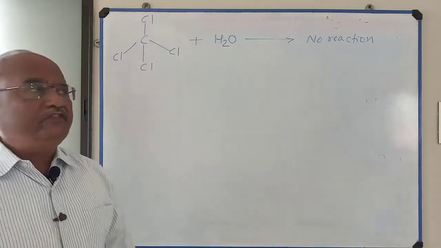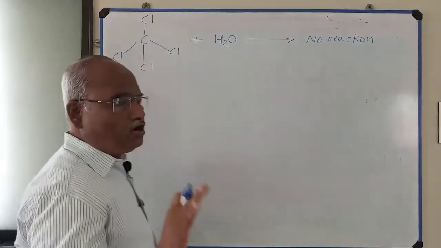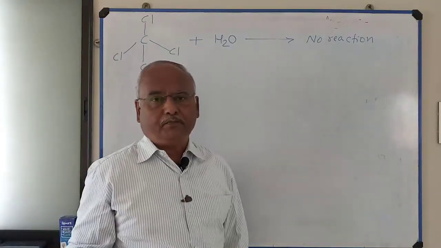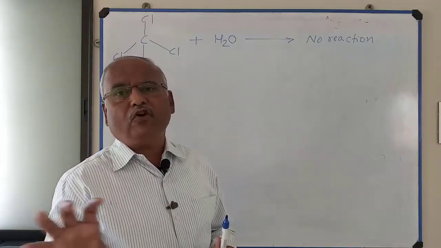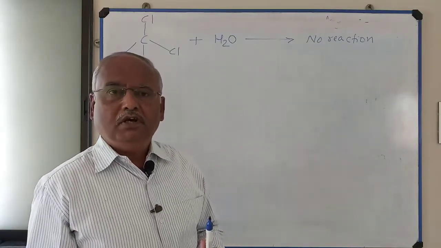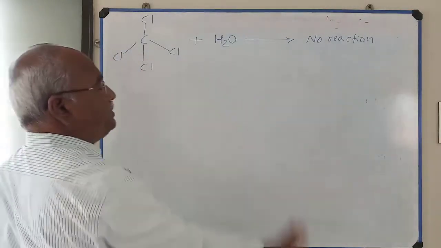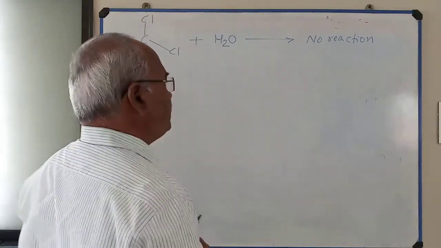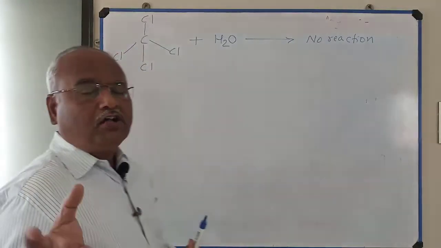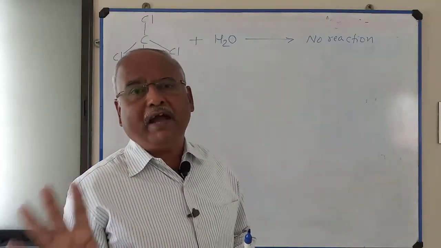The reason is that in carbon, d orbital is not present. In carbon, there is absence of d orbital. Therefore, carbon tetrachloride cannot be hydrolyzed by water, whereas other tetrahalides can be hydrolyzed by water.